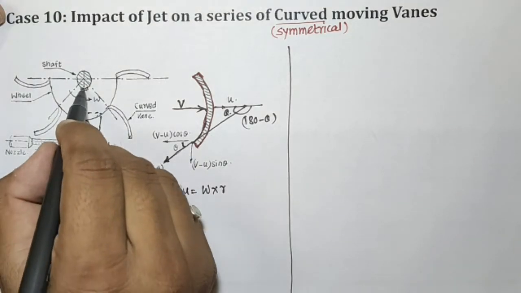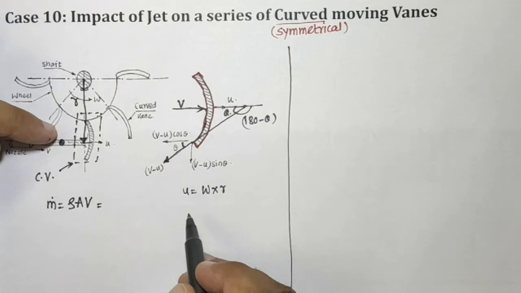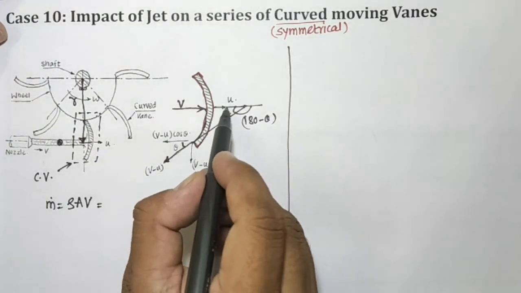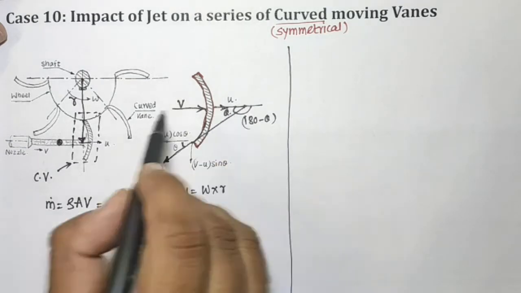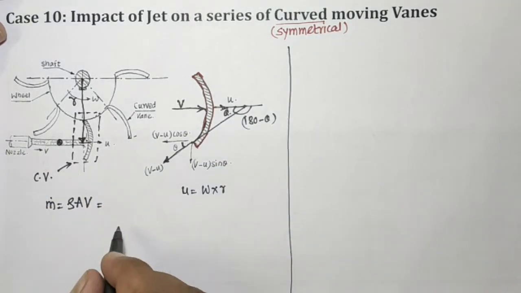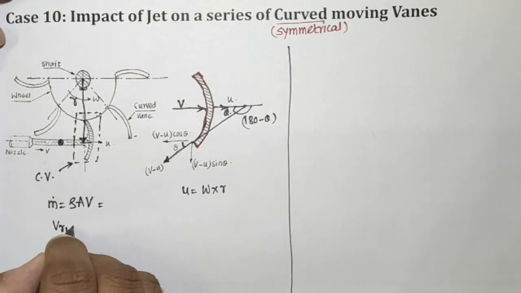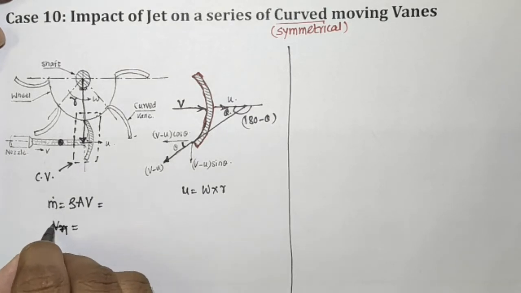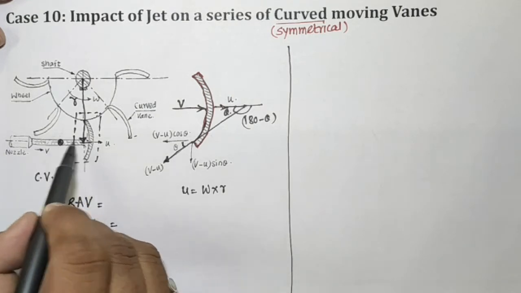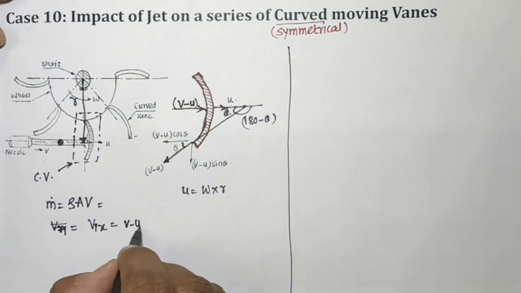So omega into r is the linear velocity, which is the displacement of the vane from one location to another at that instant within this control volume. So while striking, for VR1, or rather V1x, as we have to find the force in the x direction, the velocity while striking the plate will be v minus u.